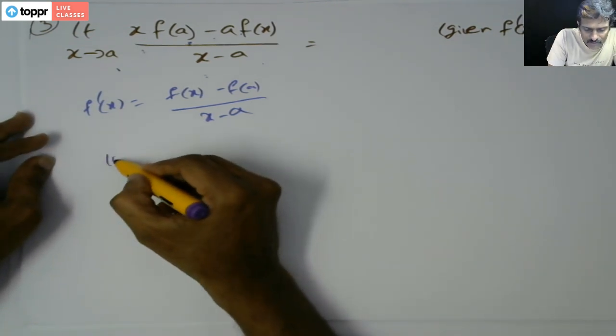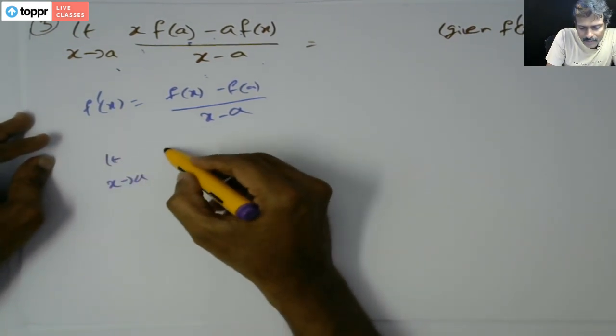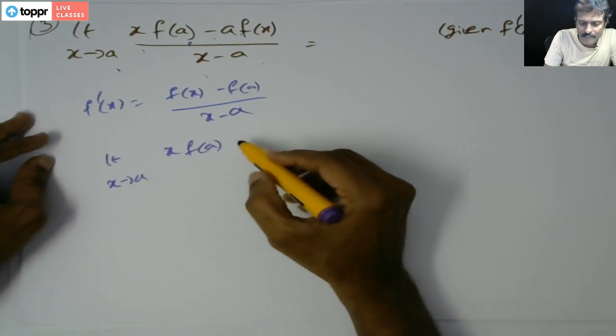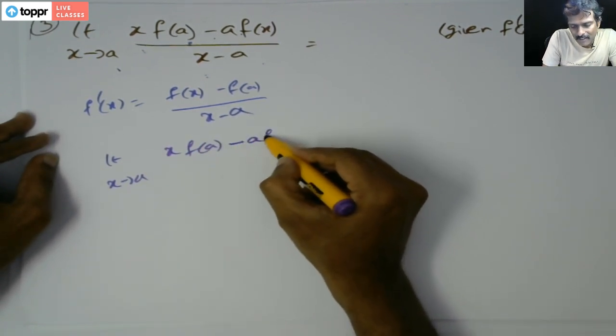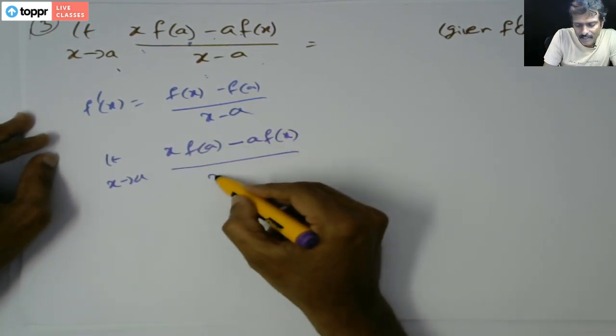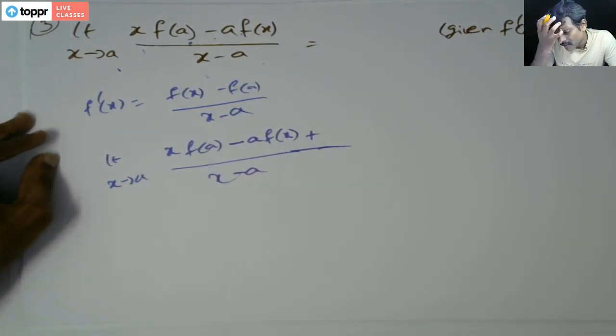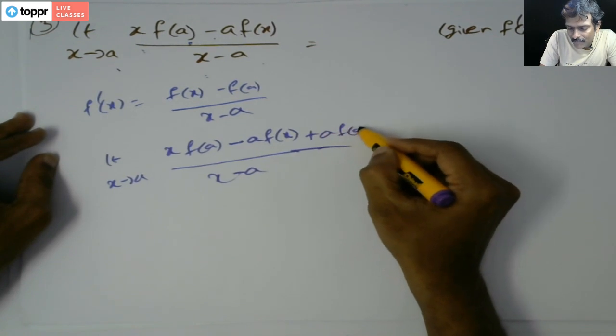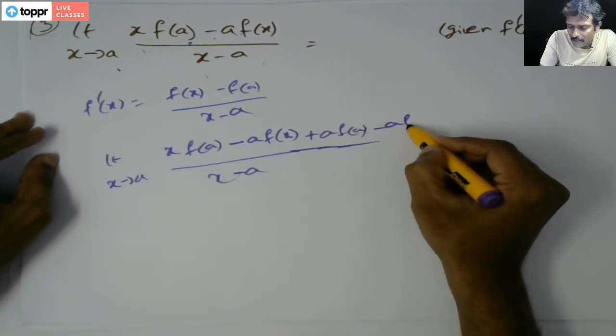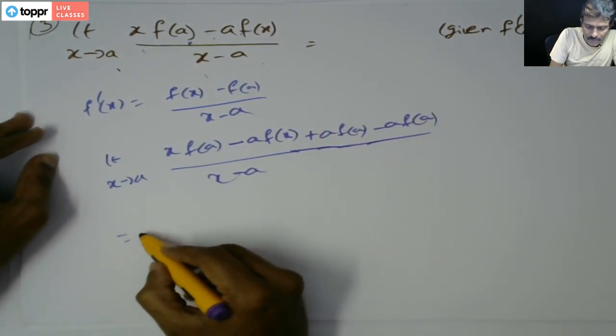Now I want this value, limit x tends to a of x times f of a minus a times f of x by x minus a. So what I will do is I will add a times f of a and subtract a times f of a. Why we are doing this?